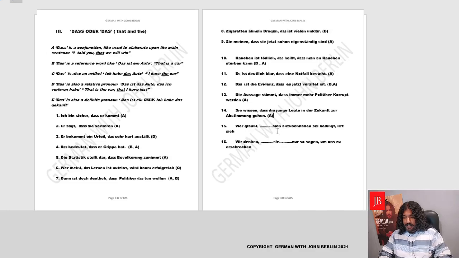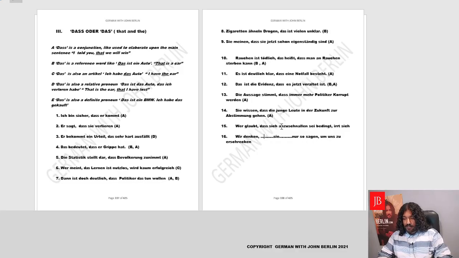Super. Wer glaubt, dass sich anzuschnallen bedingt sei, irrt sich. So who thinks that to fasten yourself is bedingt, like not compulsory, mistakes himself. So who thinks what? Basically, we are elaborating, so it's "dass". Who thinks that to fasten yourself with the seat belt is something which you could decide, it's not compulsory, mistakes himself. Okay, wir denken, dass sie das nur sagen, uns zu erschrecken.